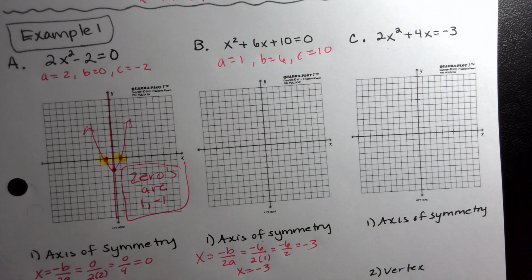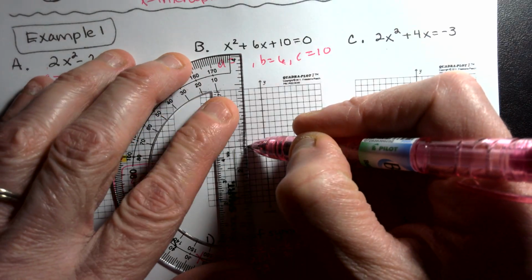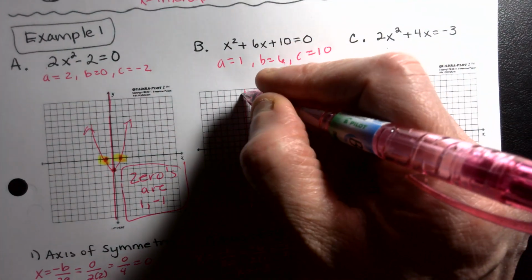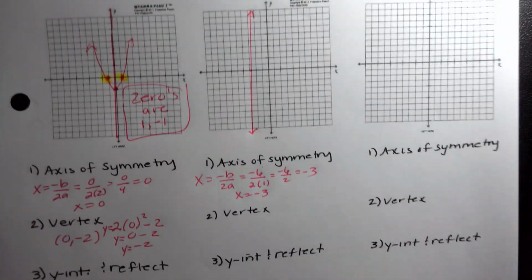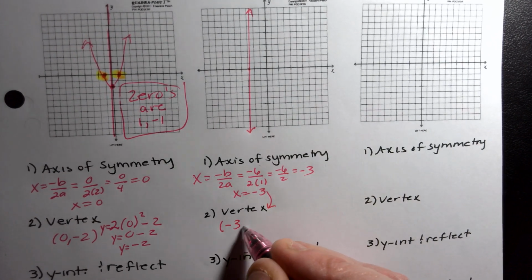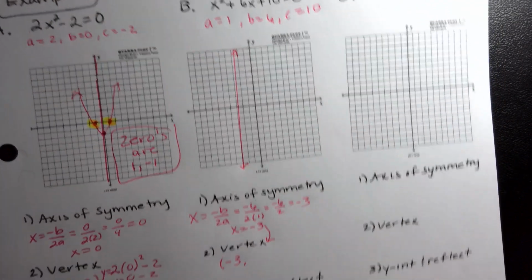So we're going to go ahead and draw that on our graph here. Negative 3, 1, 2, 3. Vertical, always vertical. And I don't know why I can't draw a straight line even with a straight edge, but that's okay. Now the vertex. We already have our x; we just need to plug it into our equation up here.